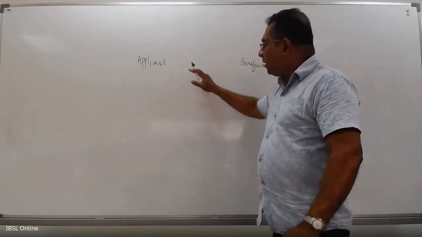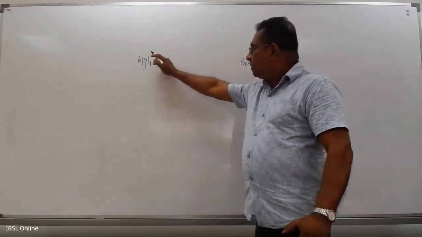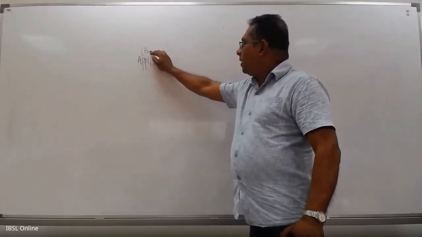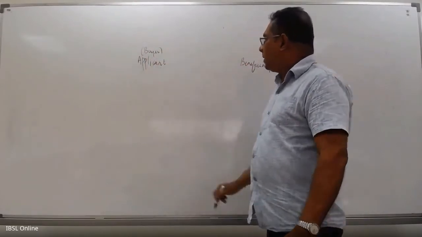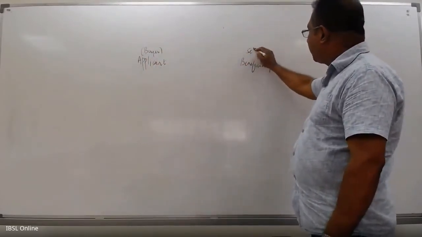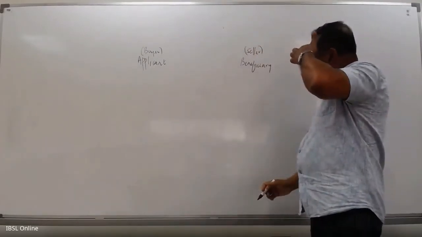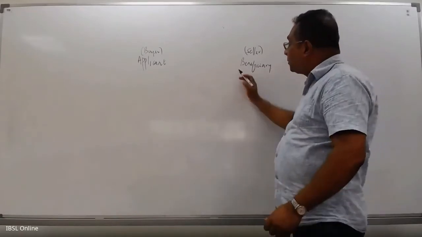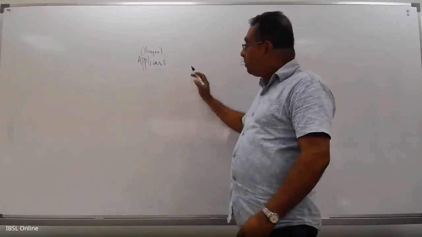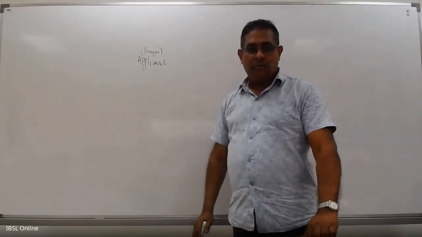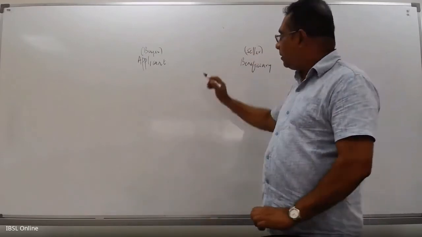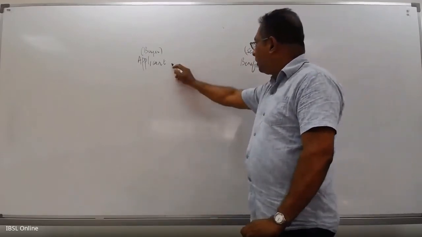So in a documentary credit, the buyer is known as the applicant and the seller is known as the beneficiary. In their sales contract, the payment method is letter of credit.